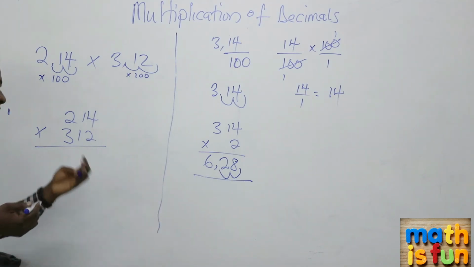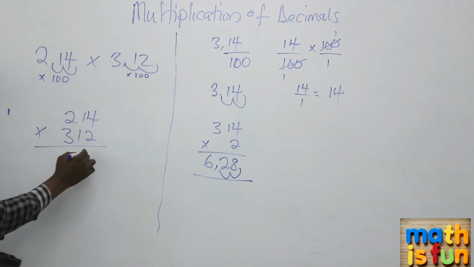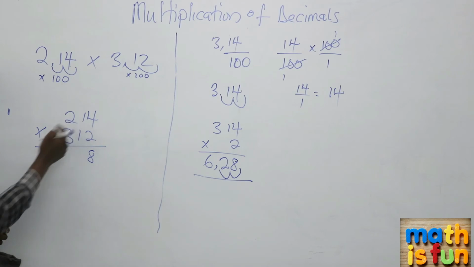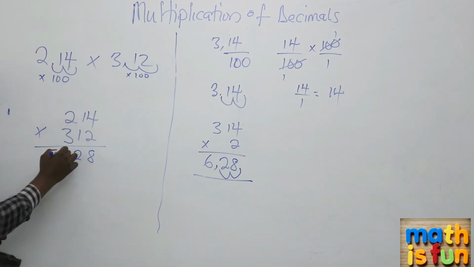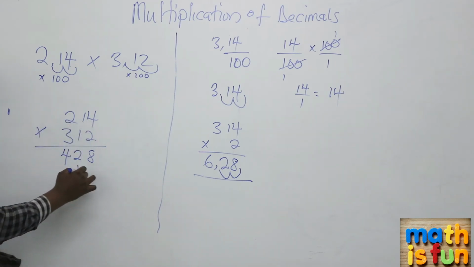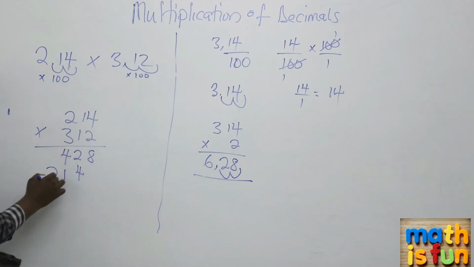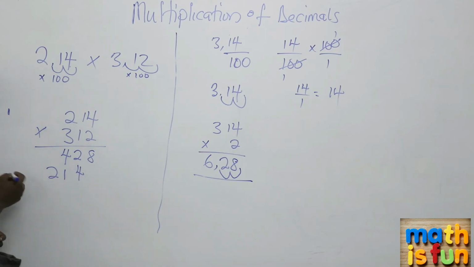Into whole numbers, then you do your normal multiplication. 2 times 4 will give us 8, 2 times 1 gives us 2, 2 times 2 will give us 4, 1 times 4 also gives us 4, 1 times 1 is 1, 1 times 2 is 2. Okay, you can choose to bring a 0 here before you do the second multiplication, but if you know where the number should be, then you don't have any problem.